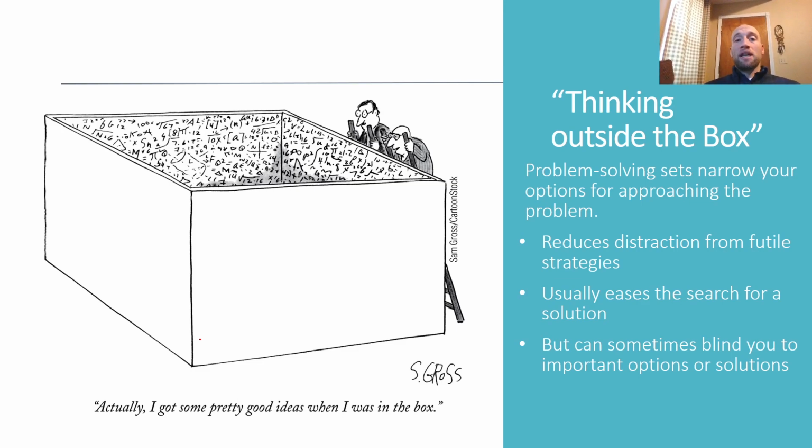We don't want to be taking chances or doing things in terms of our problems that are ultimately going to lead to failure. That's why we tend to bias our problem solving on past experience, things that have already worked. Now, the downside of that is when we are presented with a problem that requires us to think outside the box, then we start running into issues.